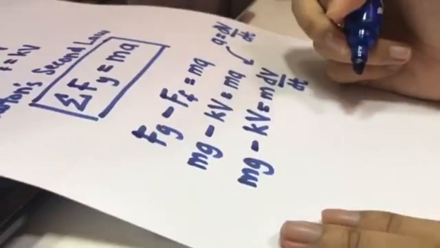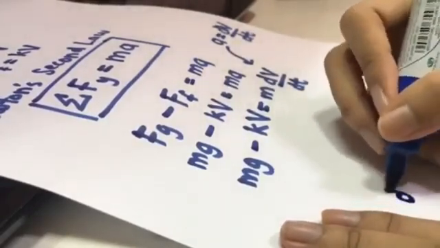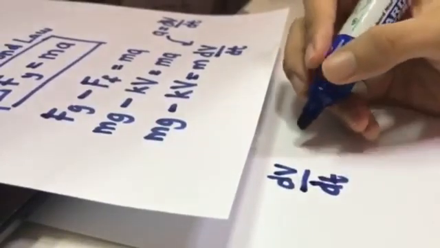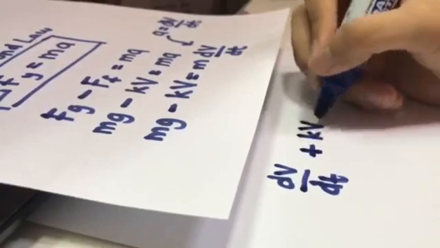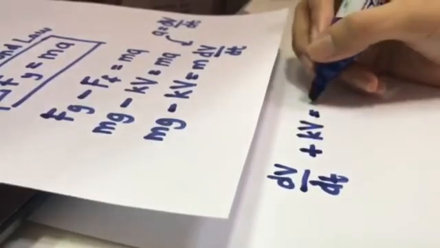How to rearrange it? We will have m dv over dt plus kv equals mg.